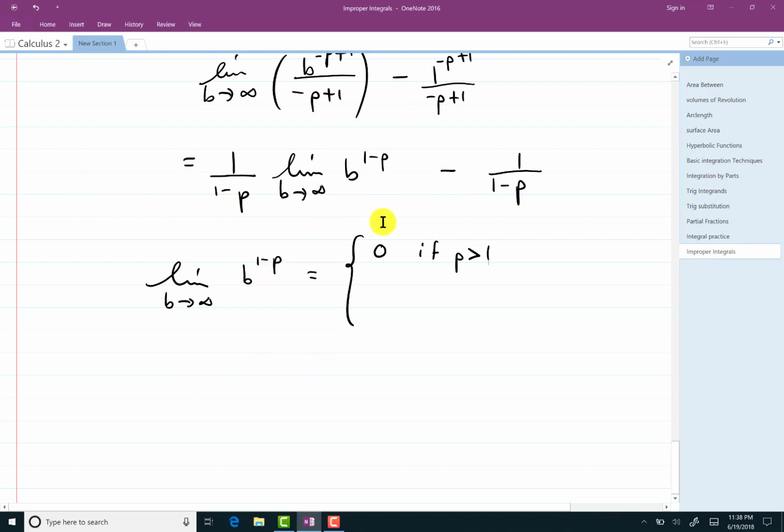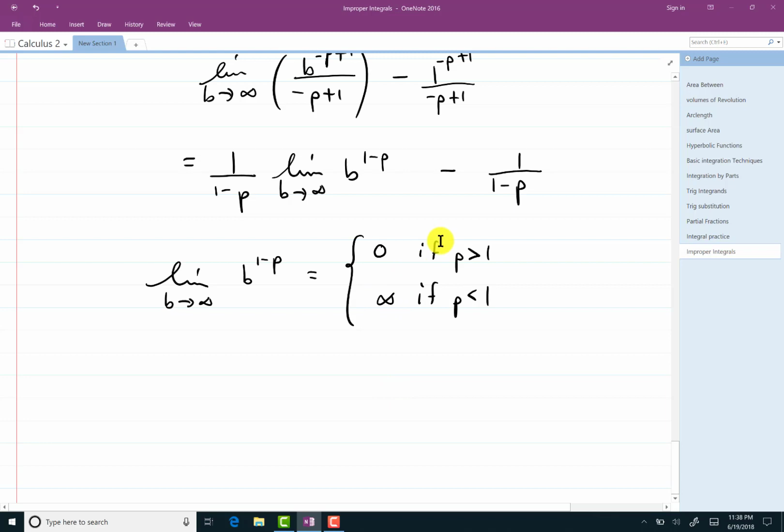Then if p is less than 1, what happens? Well, if p is less than 1, isn't it true then that this is a positive number? If this is a positive number, then any number that's going to infinity to a positive power will equal infinity.